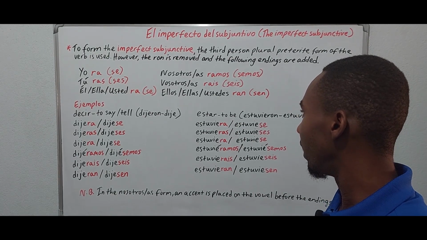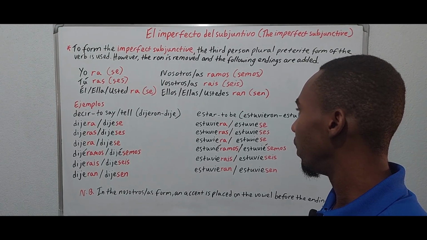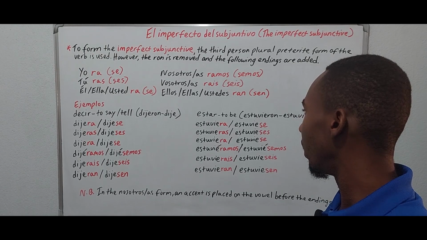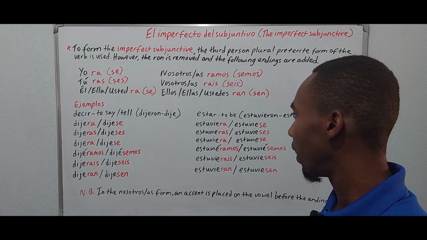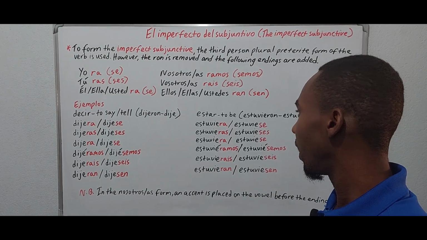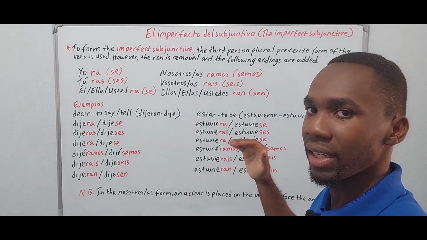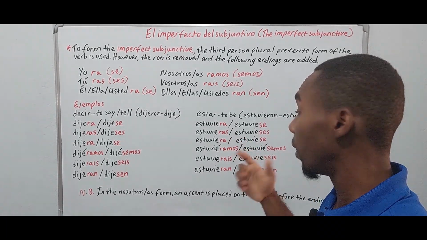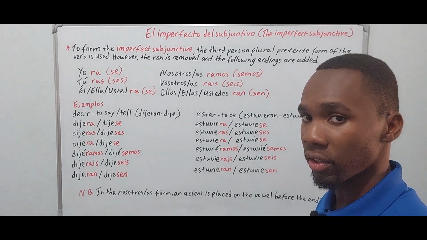Estuvieras or estuvieses. Estuviera, estuviese. Estuviéramos o estuviésemos. Estuvierais o estuvieseis. Estuvieran or estuviesen. That would be a complete conjugation of the verb estar in the imperfect subjunctive.